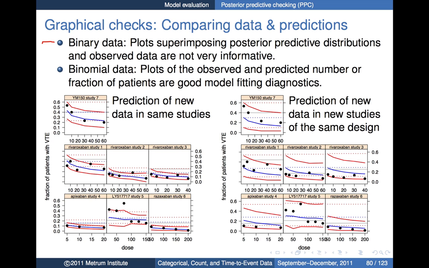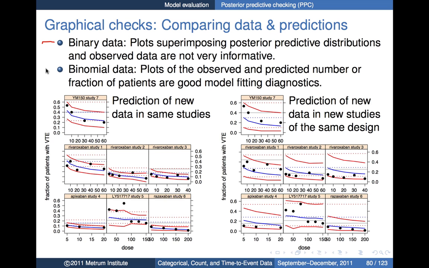So when you put your posterior predictive distributions, depending on how you construct those, they might take on continuous quantities between 0 and 1, but the observed data is all 0s and 1s, and it's very difficult to assess goodness of fit looking at that kind of data alone.